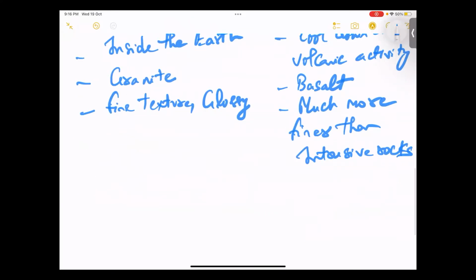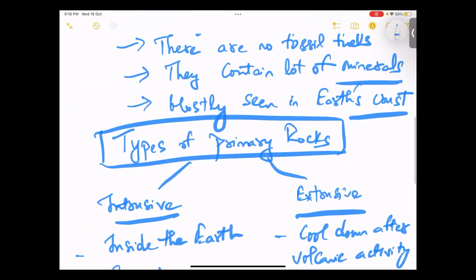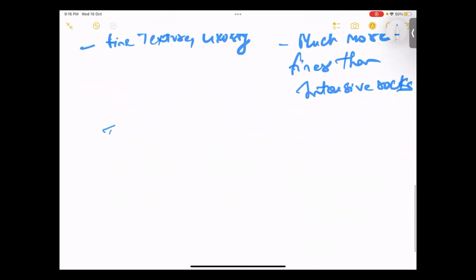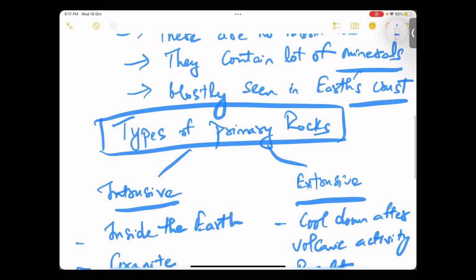So the example is basalt. These are the various classifications based on intrusive and extrusive characteristics of the rocks. And one more characteristic is that there is no organic matter within these rocks. And as we told, they are mostly found in the earth's crust.